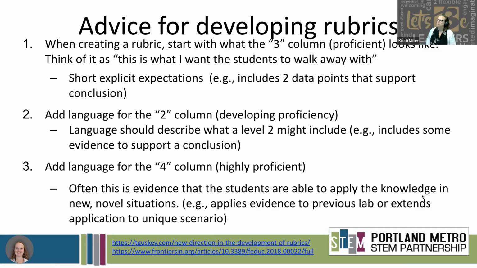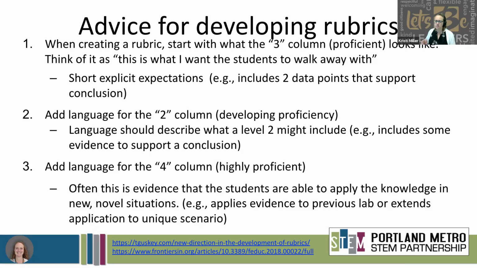Okay, so just some pieces of advice here. I love rubrics. Rubrics are my jam. I spend a fair amount of my job writing rubrics and working with teachers on writing rubrics. So these are things that I do, but that doesn't mean they're universal. You kind of have to find your flow with writing a rubric.